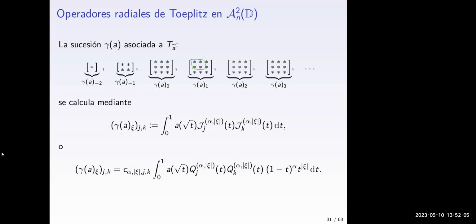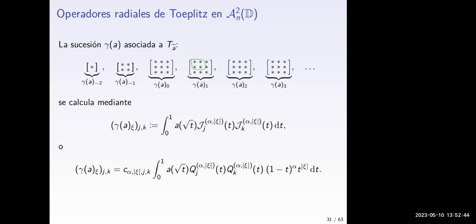Well, this project is very similar to the projects by our colleagues, Armando, Josue, Maribel, Rosario, and other colleagues, but there are some differences. For the radial Toeplitz operators on the unit disk, the matrix sequences gammas are constructed as integrals involving Jacobi polynomials, and we have no special factor.